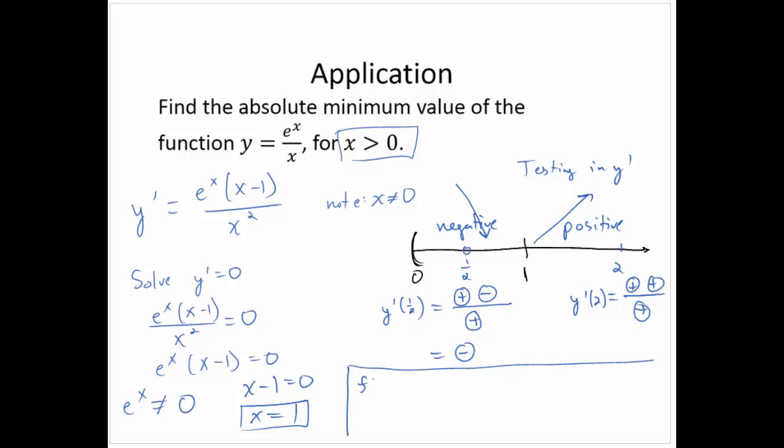So let's see, y of 1 is e^1 over 1, which is e. And so then y has a minimum value of e at x equals 1.